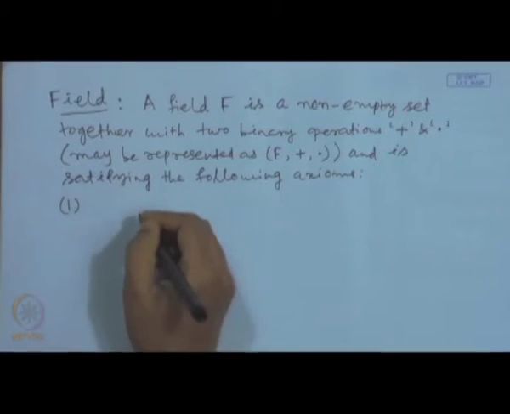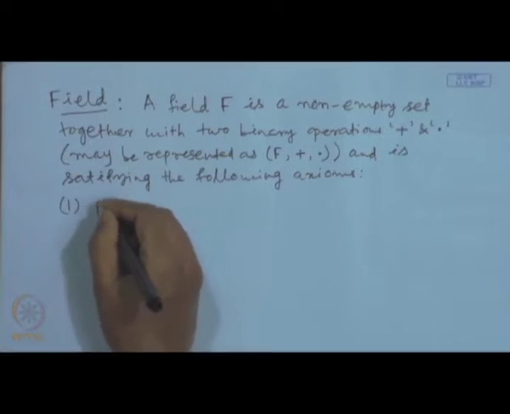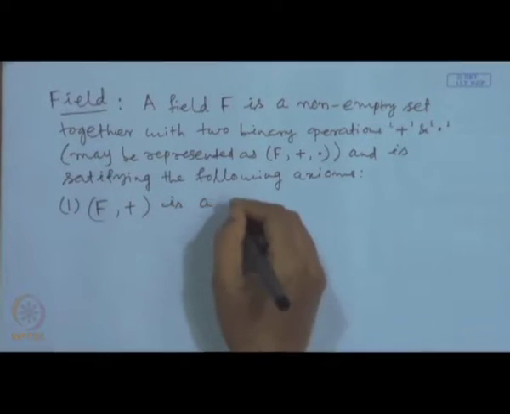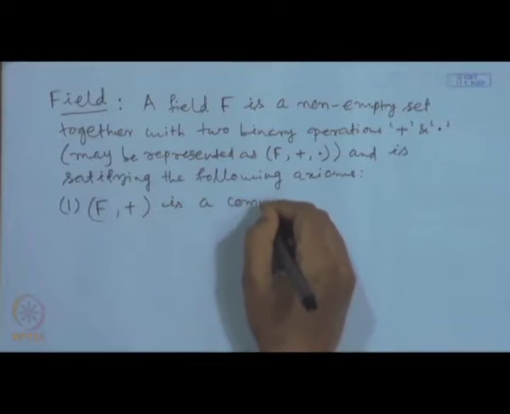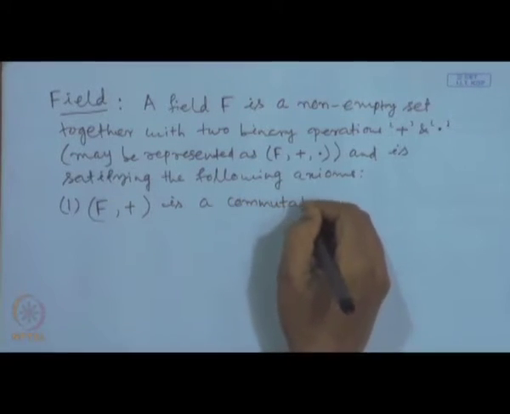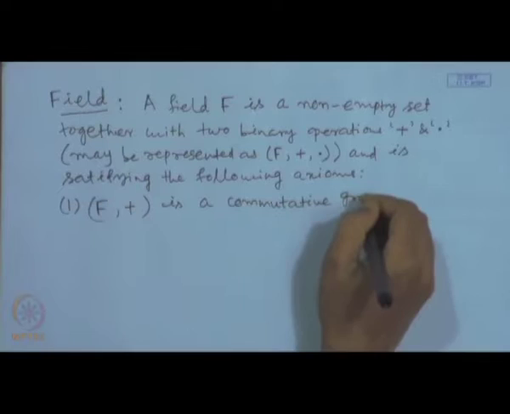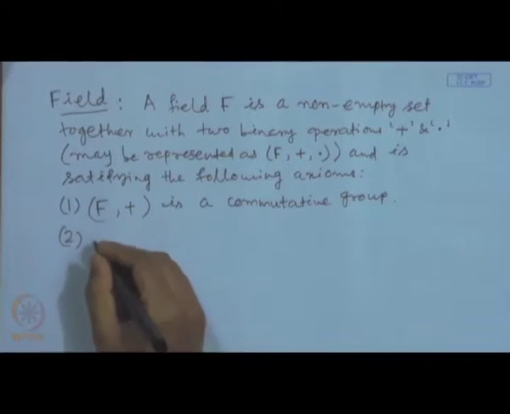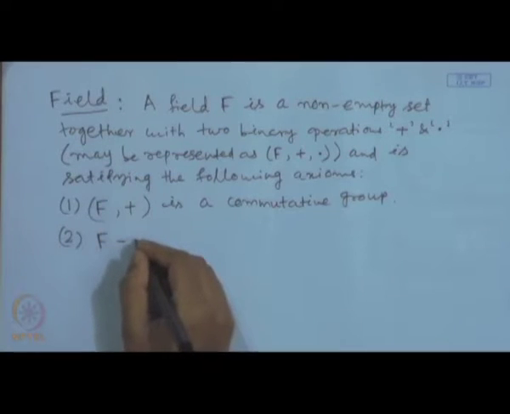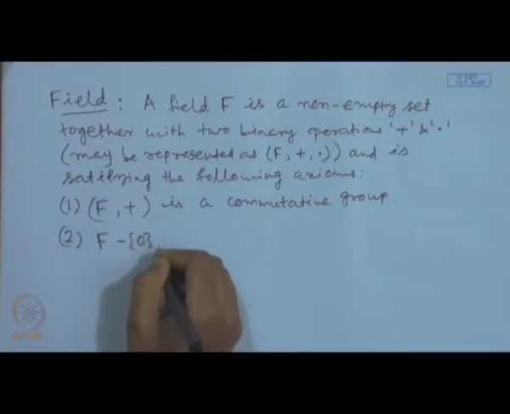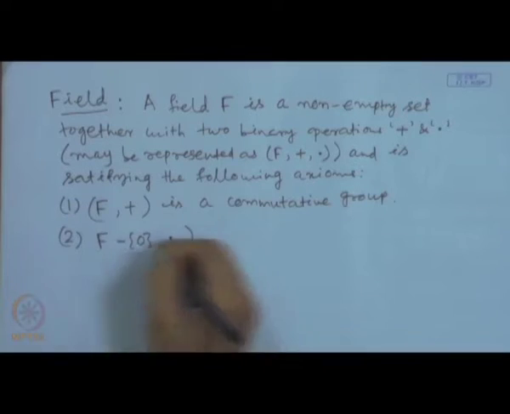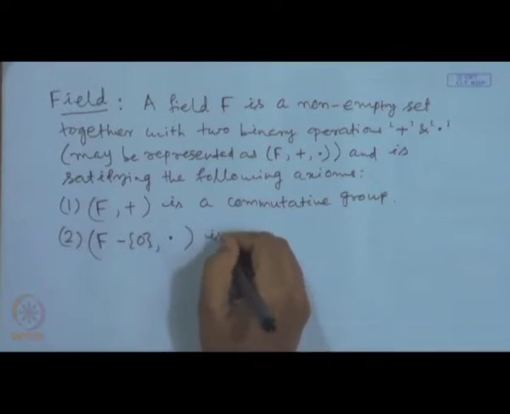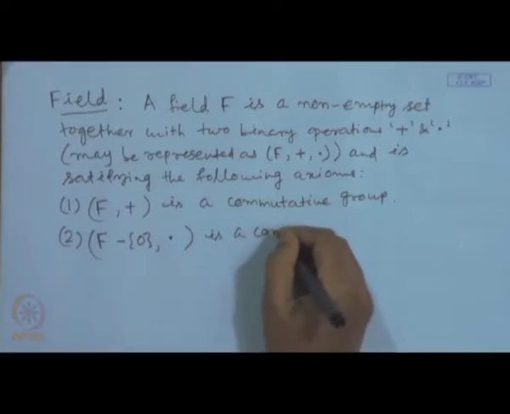First one is (F, plus) is a commutative group, and second condition is (F minus 0, dot) is a commutative group.